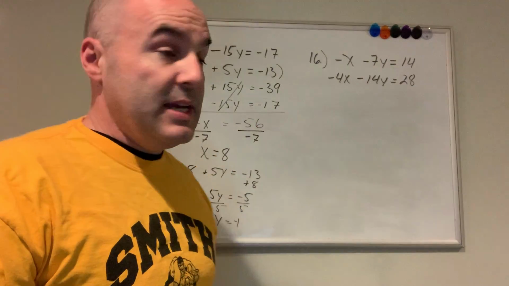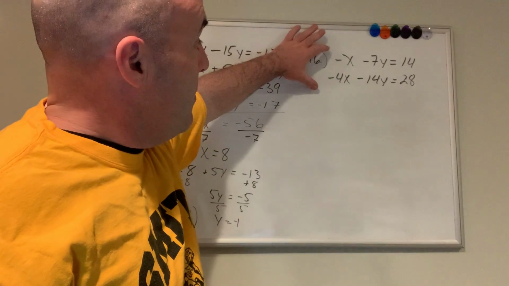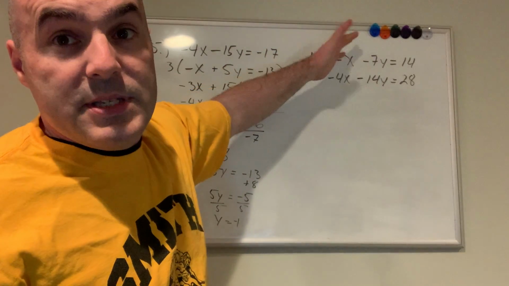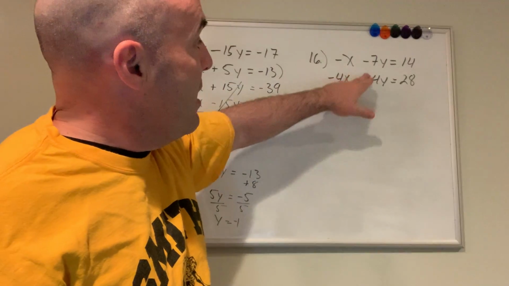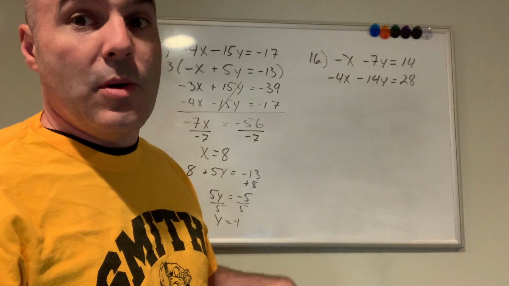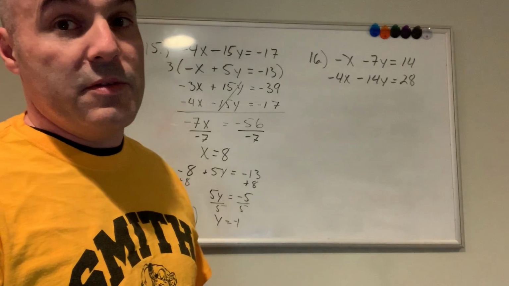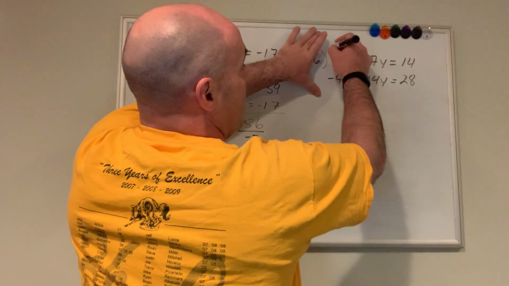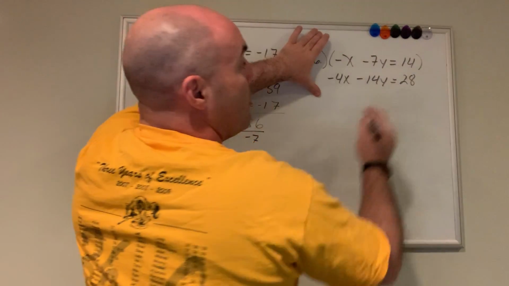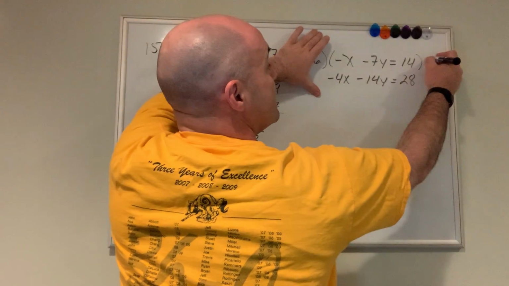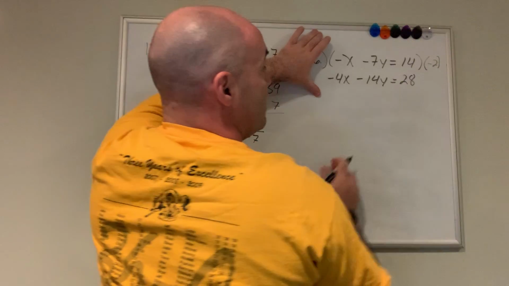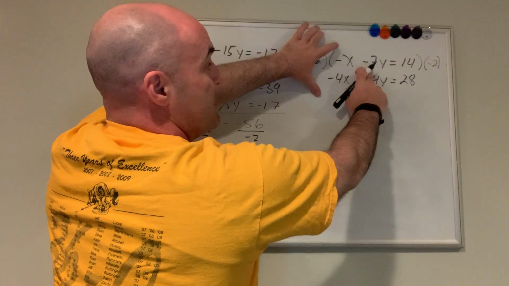Okay, moving over to 16, I'm going to take a look. I can see that 7 and 14, well, 14 is a multiple of 7, so I'm going to start there. Now I've got negatives in both cases, so I'm going to have to change the sign of one of them. So since we're going to the top anyway, and I'd be multiplying by a positive 2 to get to the 14, I'm going to multiply the entire equation by negative 2 to give me the opposite of that.